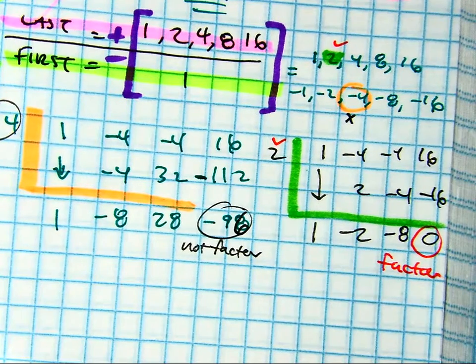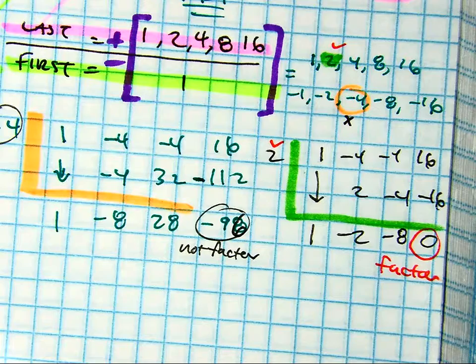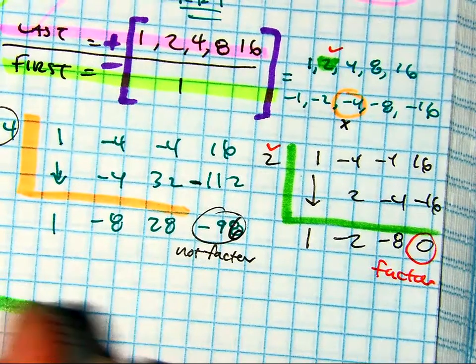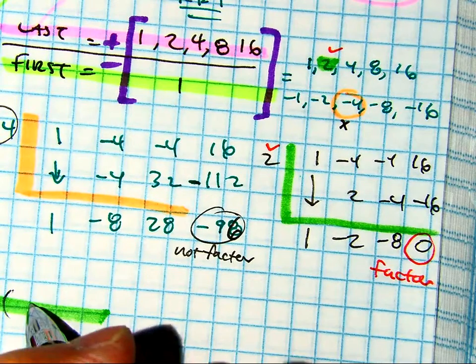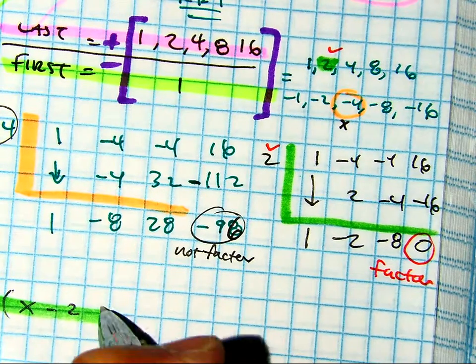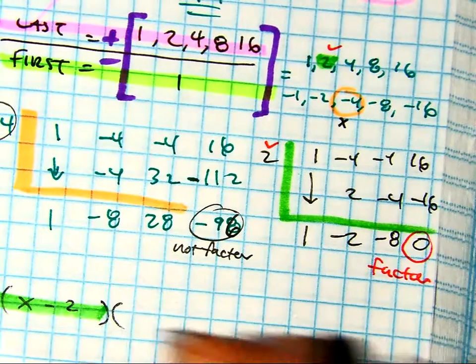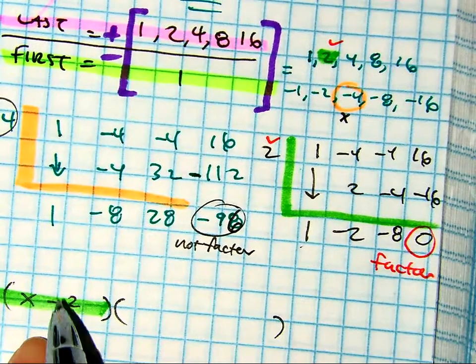That means the very answer, one of them, the answer is x, what? What would I write as my binomial? X minus 2. Do you see that? We're trying to find out all the other answers. Now here, we can use this to factor the rest of the problem.